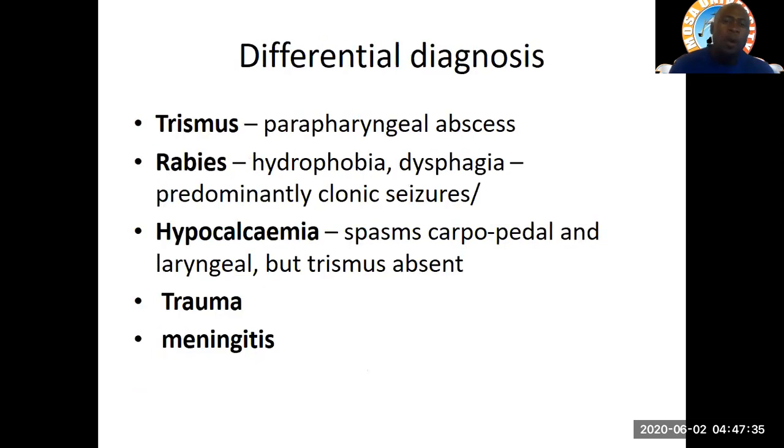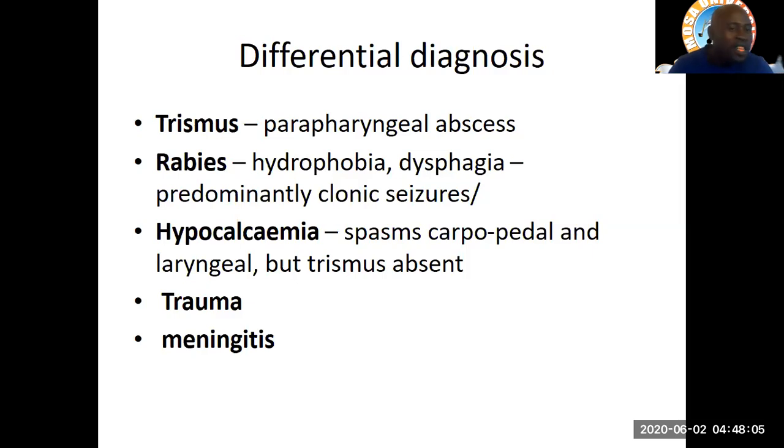Let us also look at the differential diagnosis. When we talk about differential diagnosis, we are talking about other conditions that present the same way as tetanus would. To stick to your diagnosis, you have to know how these other conditions present and find one thing that differentiates them from tetanus.